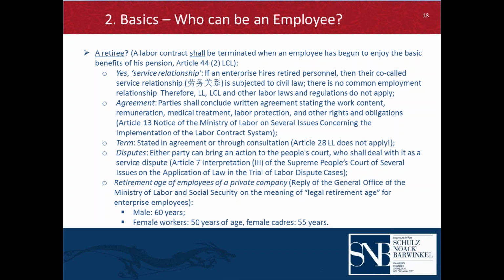And upon this age and upon receiving the pension, we do not have an employment relationship. That means that the employment law and all employment-related provisions are not applicable anymore. And we have more or less a service agreement or service relationship, which is not an employment relationship, between the company and this retiree.